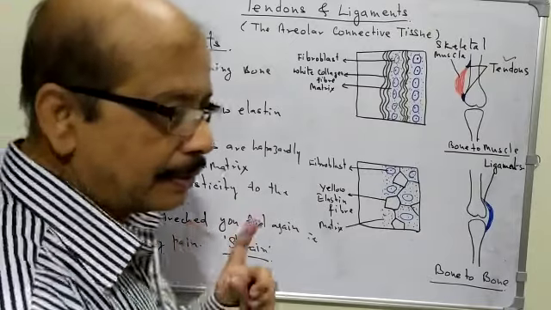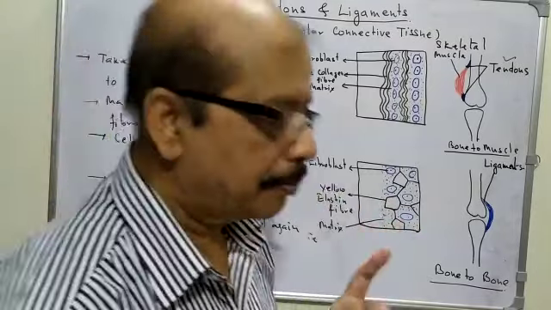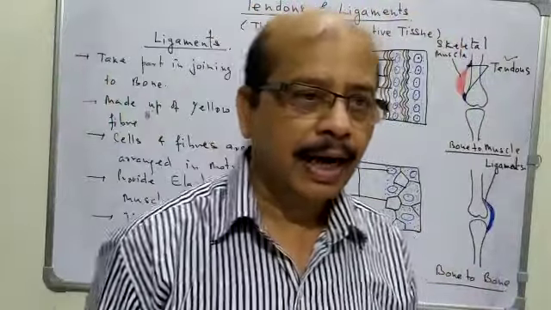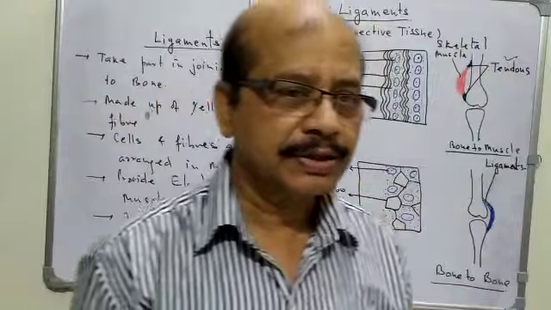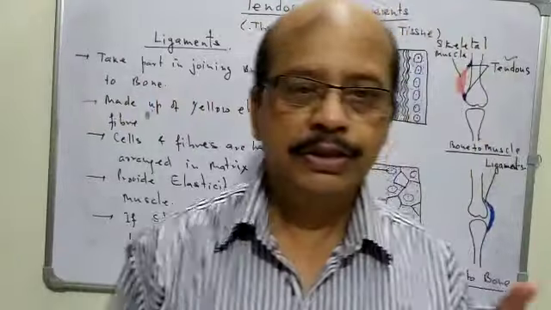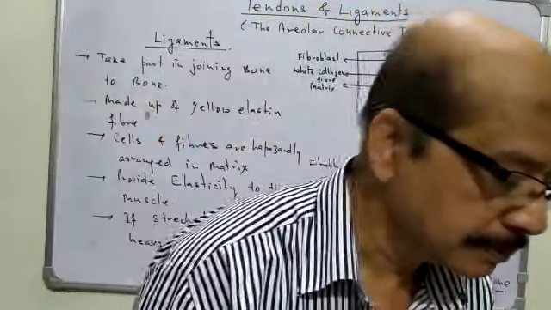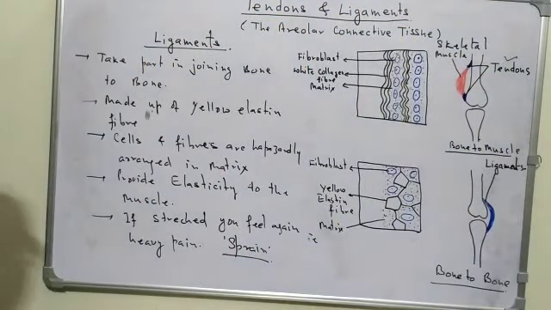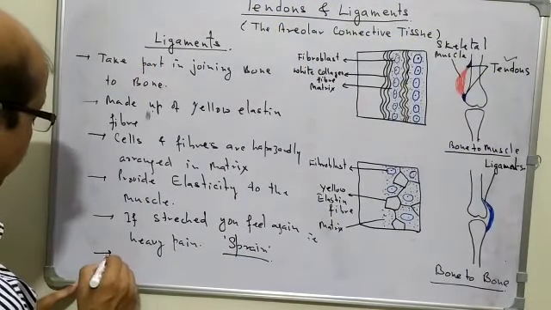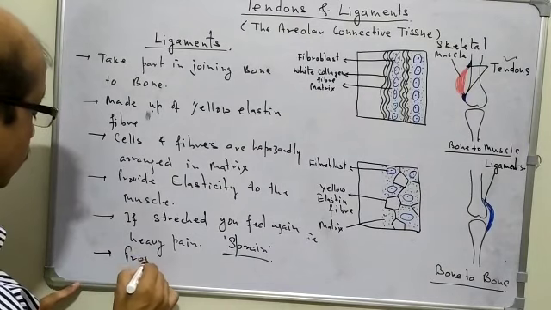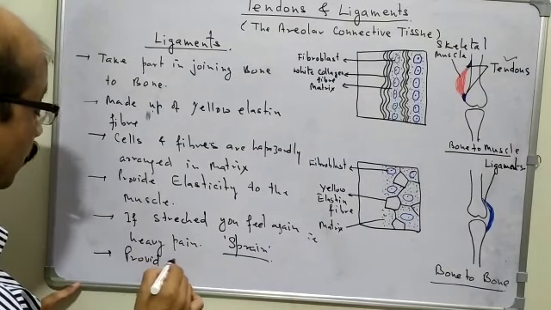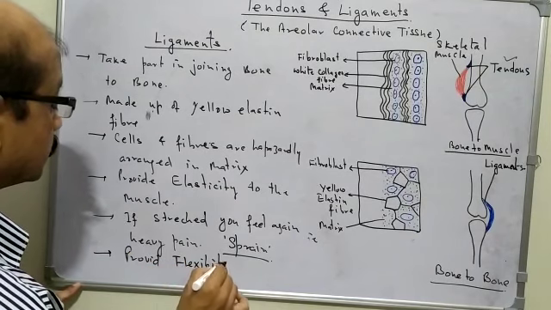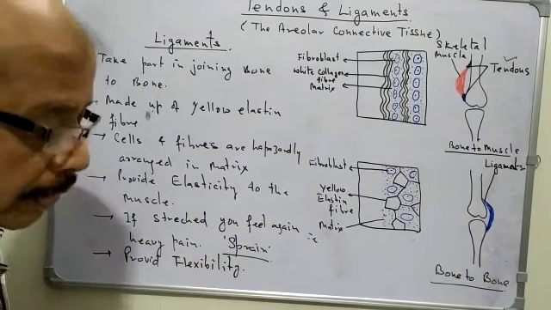So the pain after stretching of tendons is known as strain, and the pain after stretching in ligaments is known as sprain. Right? And the last point, they provide flexibility to the body parts.